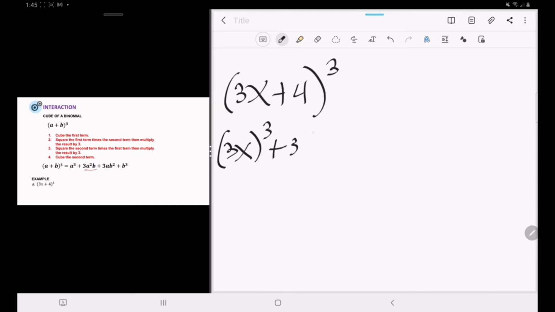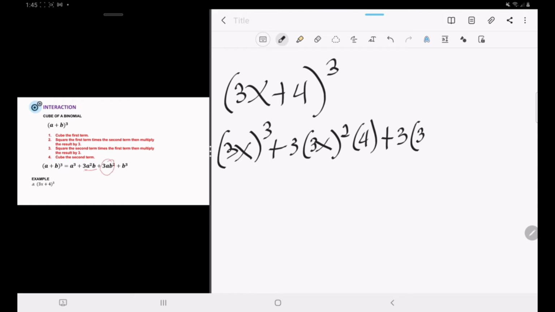So that's 3 times 3x squared times 4, and then plus 3ab squared, the square of the second term of the binomial times the first term, then multiply the result by 3. So that's 3 times 3x times 4 squared, and the cube of the second term, so we have 4 raised to 3.